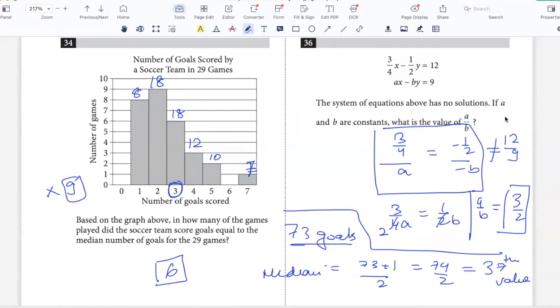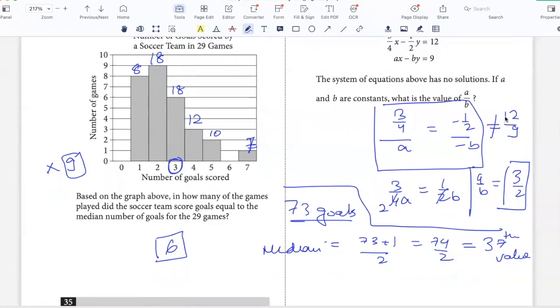What about if I don't work with goals, but I work with games, right? So for 29 games, the median would be the 15th value, right? So are they saying that I look at not these numbers, but I look at, let's say, 8, 9, 6, 3, 2, and 1.